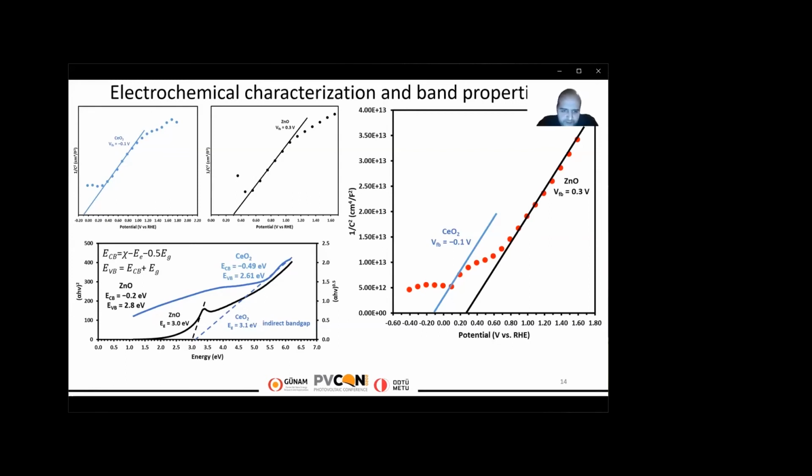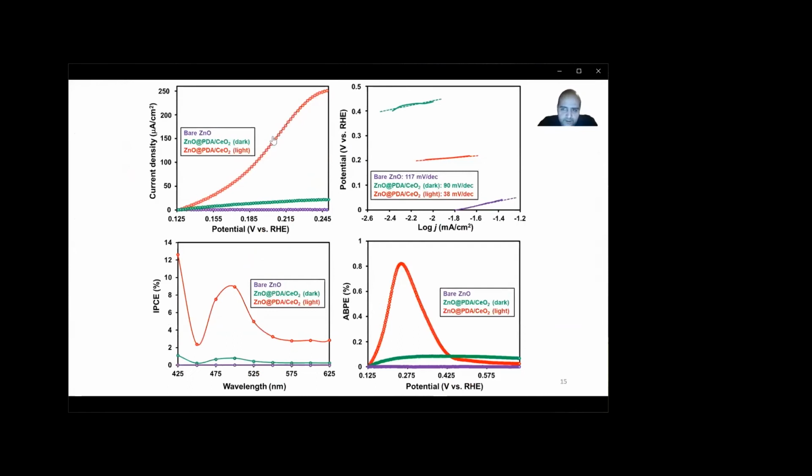The conduction band energy of cerium oxide is minus 0.49 electron volts and the valence band energy is 2.61 electron volts. And the photoelectrochemical measurements of our photocatalyst. This one is linear sweep voltammetry.